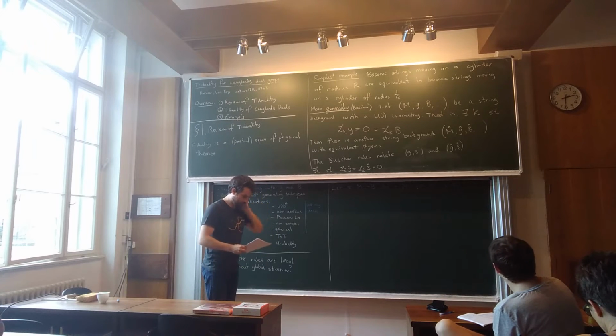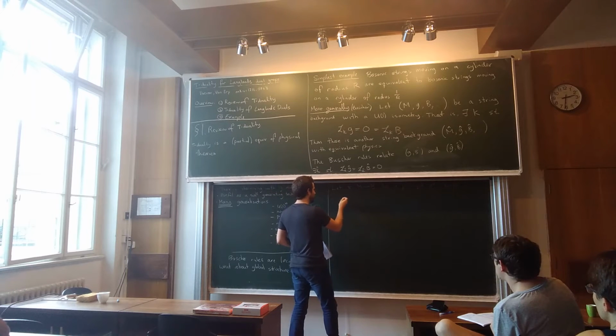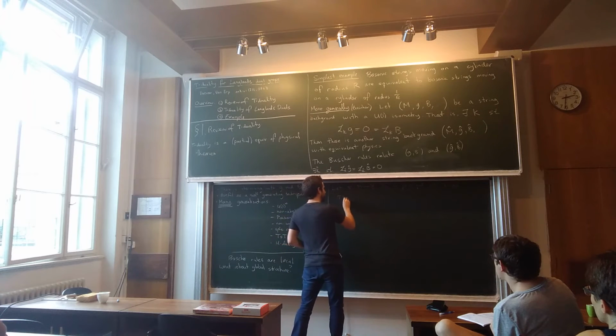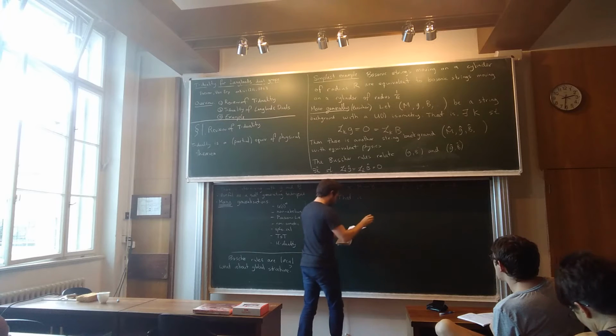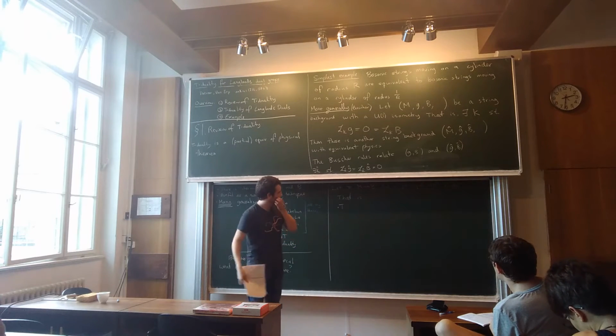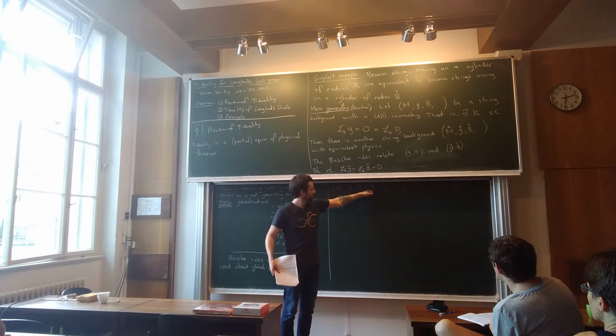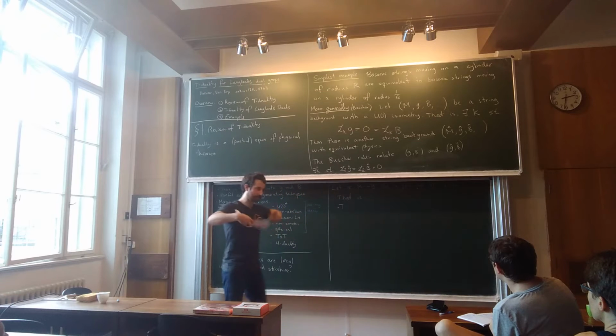So it's worth mentioning what this is. It's a fiber bundle with a base B, total space M, and the fibers are circles.